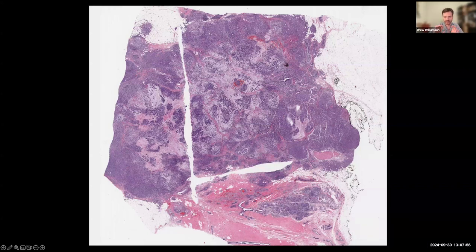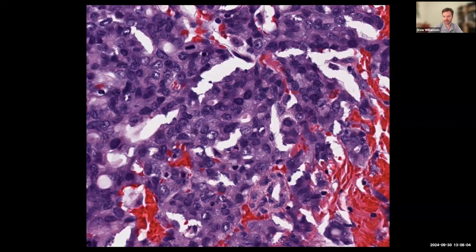We'll integrate the information from this very low magnification all the way down to this very high magnification where you can see individual cells. A pathologist will integrate information from the medical record, the images, and maybe some radiology images, all to come up with a final diagnosis.